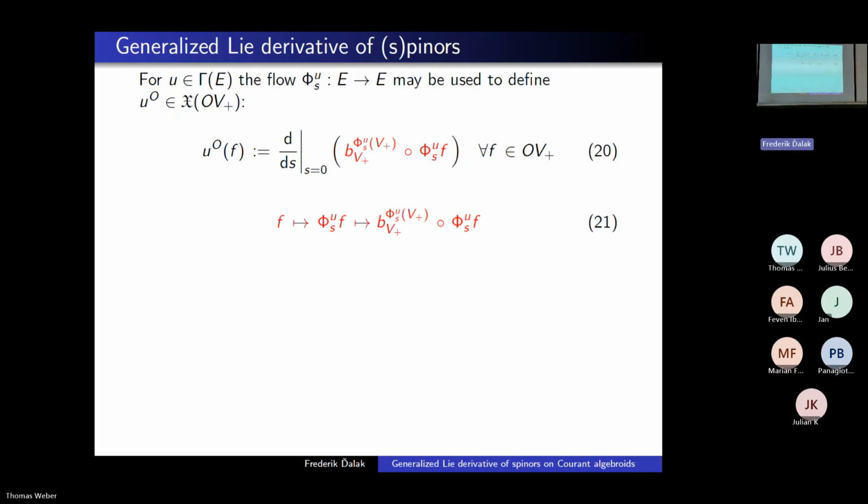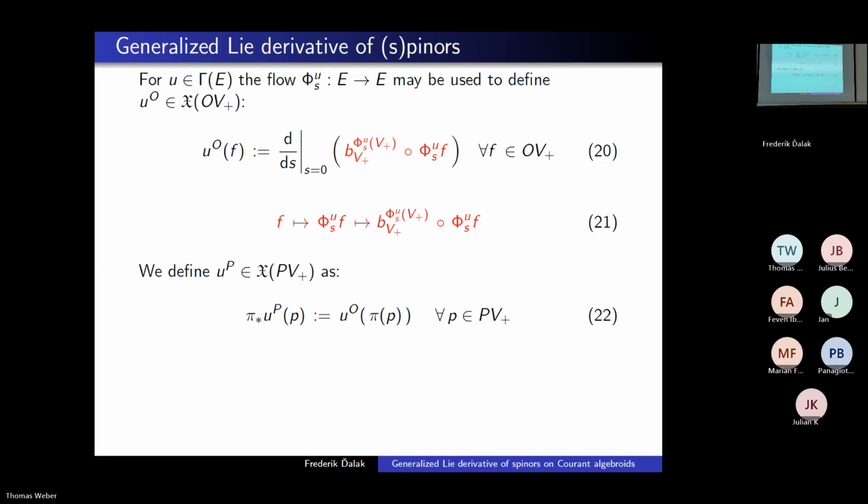So in this case, you can, in a much simpler way, construct this curve on the total space of the orthonormal frame bundle, which you can then differentiate to obtain a vector field on this total space of the frame bundle for V plus.